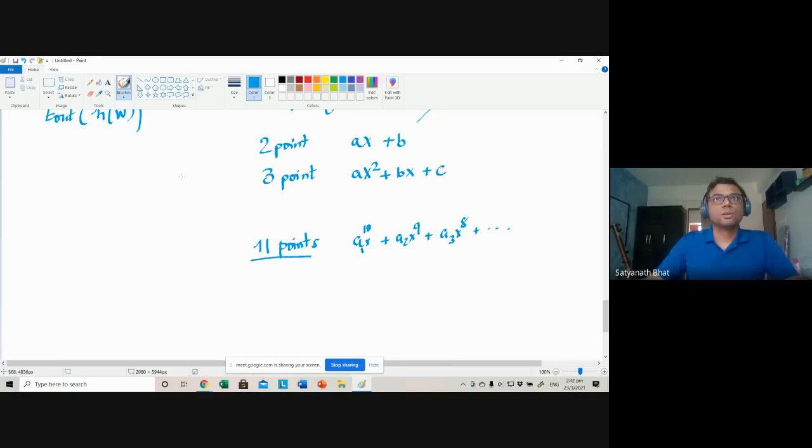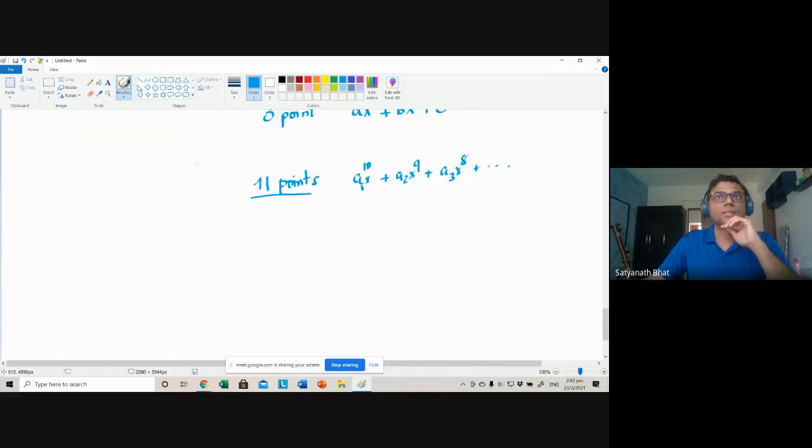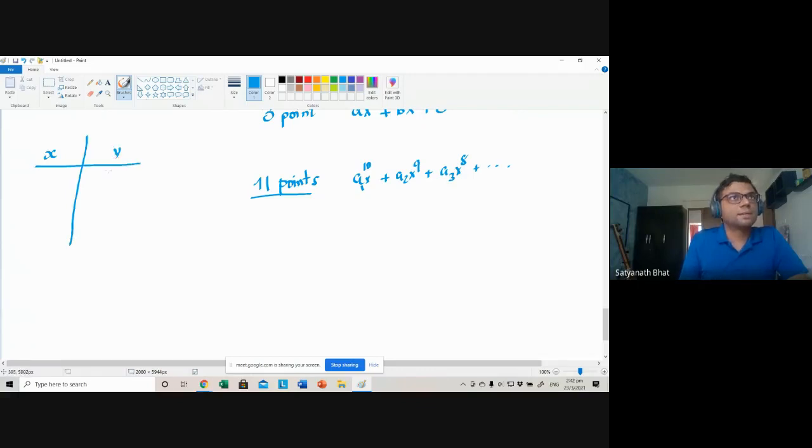Now let us try to see what that polynomial will be, just for fun. Let us say these are your points. Call them your x's and y's, and let us tabulate them. You have x1, y1, x2, y2, and there are 11 points, up to x11, y11.